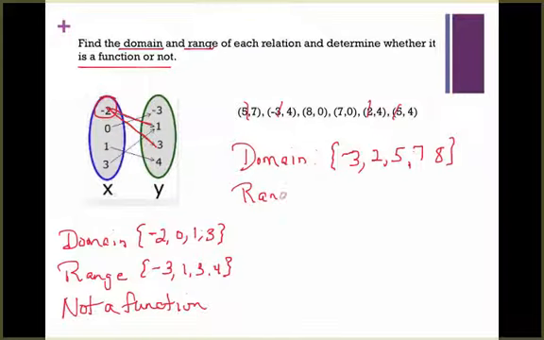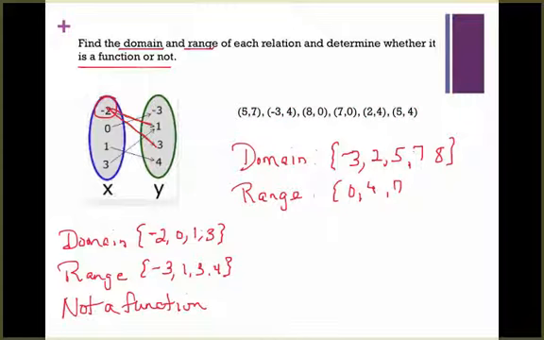Now our range would be our y's. So our smallest y value we had was 0, and then 4, and then 7. Now what we want to focus on then is looking back at our ordered pairs.